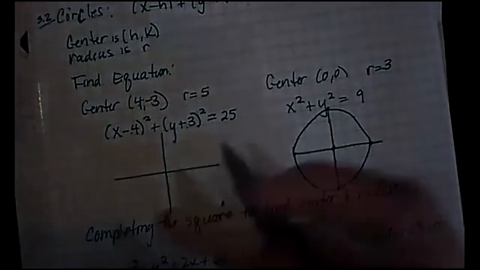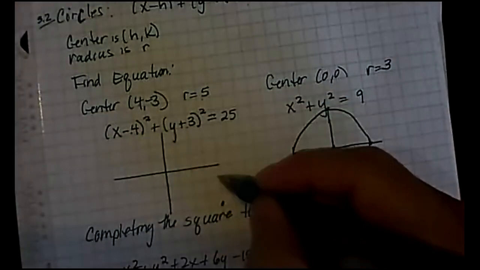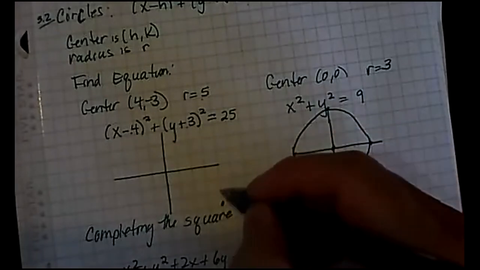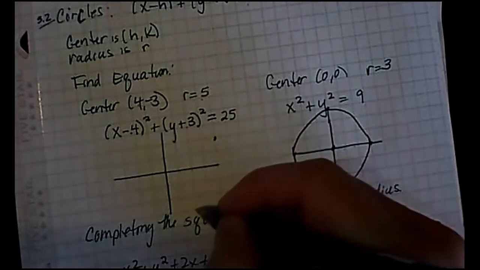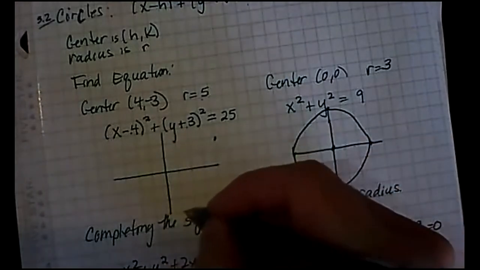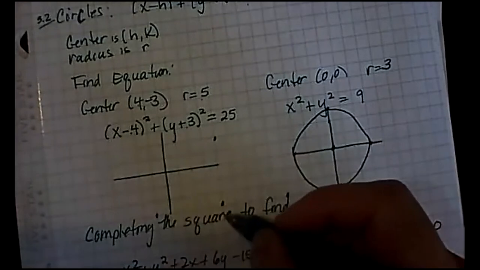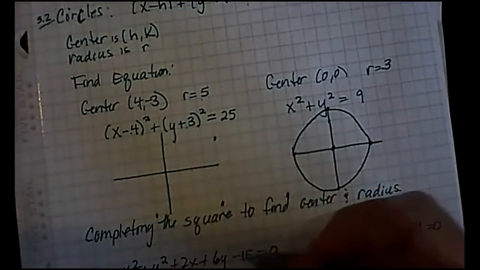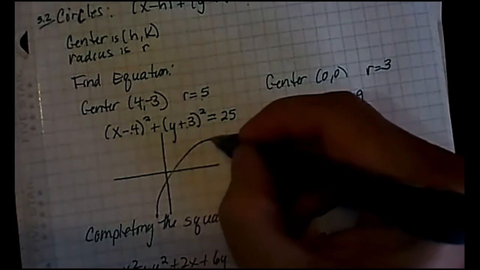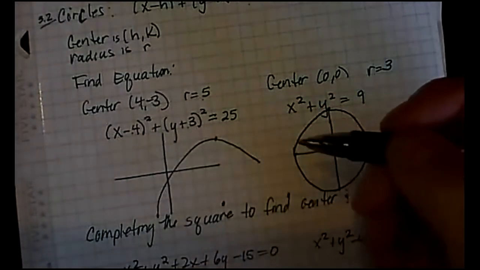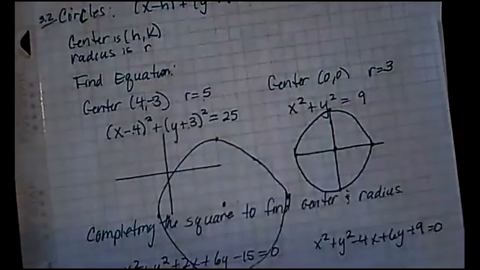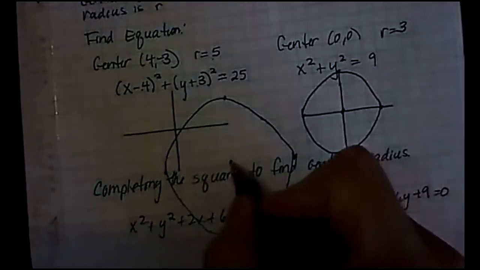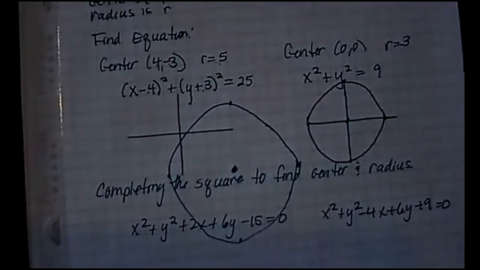Then our radius is 5, so we count 5 around on each point: 1, 2, 3, 4, 5, and then down. I didn't plan real great on that. It looks horrible, but here is our circle with the center point right here. It's pretty simple and pretty ugly, but there you go.